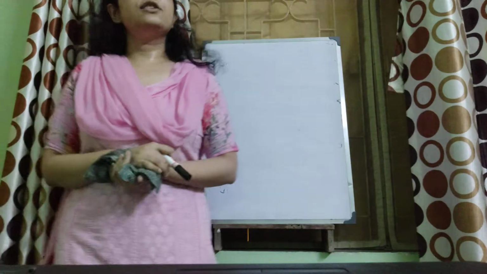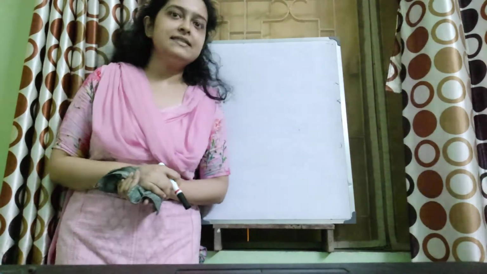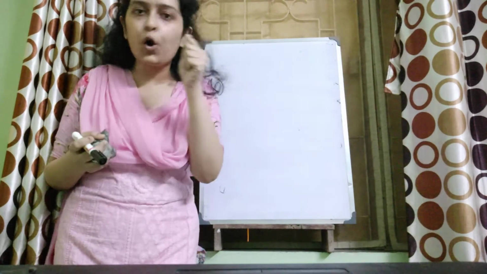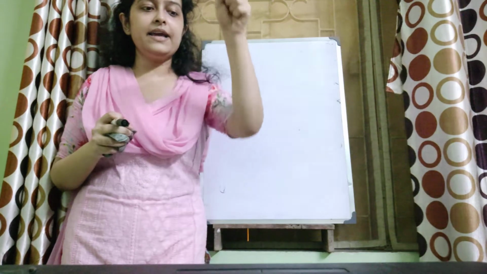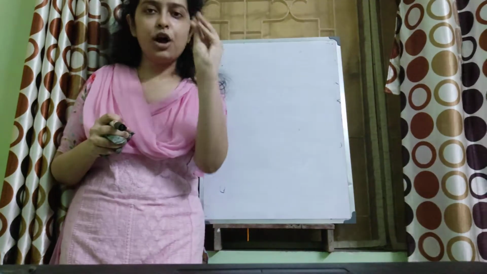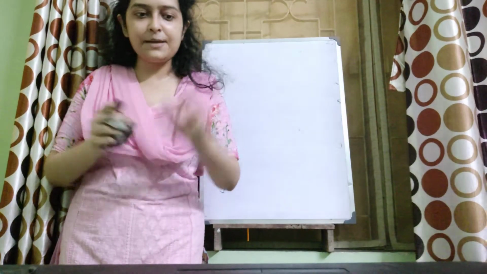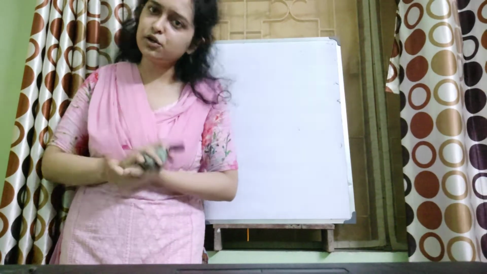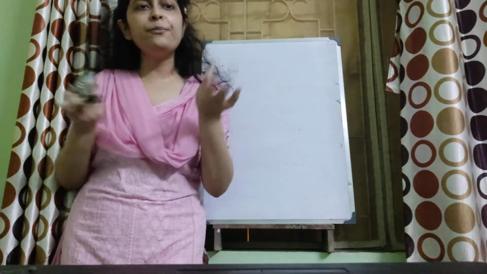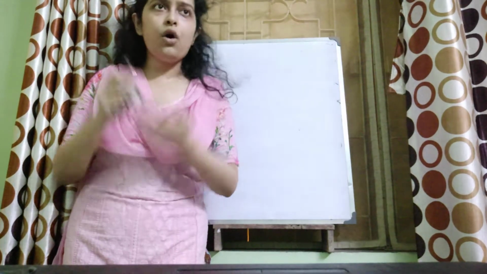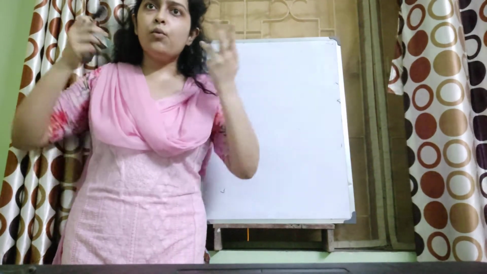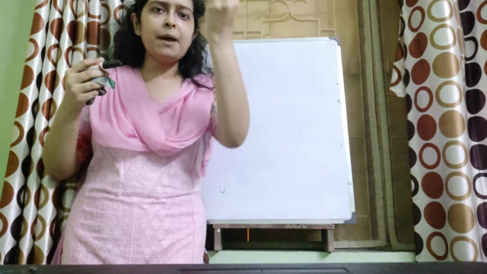Now, do you remember this thing in class 6 we have done? Suppose I have a comb, rub my hair with the comb and I put the comb on small bits of paper. I'll see that the bits of paper are getting attracted to the comb. Now the comb, we know that a comb does not carry any charge, right? So what is attracting the bits of paper towards the comb, right?